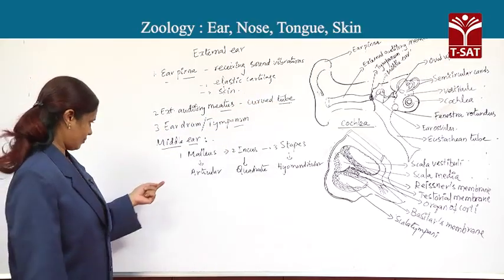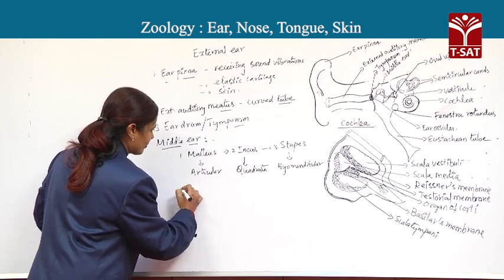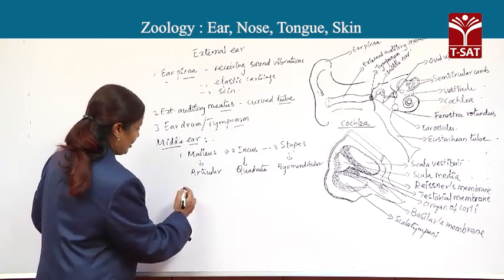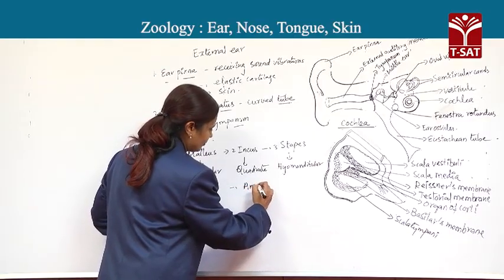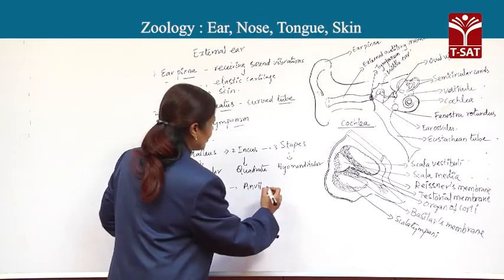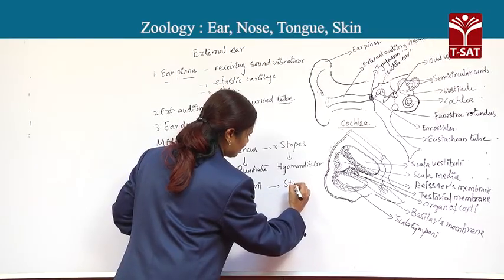inner ear. Now, based on the shape, malleus is called hammer, incus is called anvil, and stapes is called stirrup.